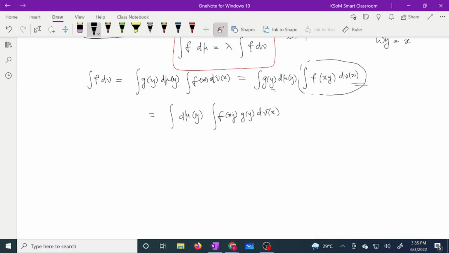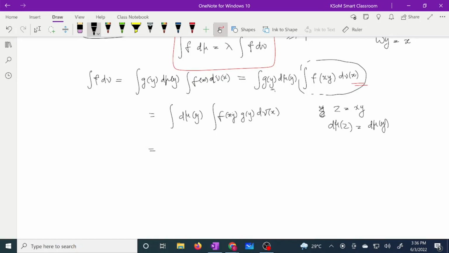So what will I do? I will take z equal to xy. Then my y will be x inverse z, and d mu of y will be equal to d mu of z, because this is left translation invariant. Here my x is constant and y is varying.